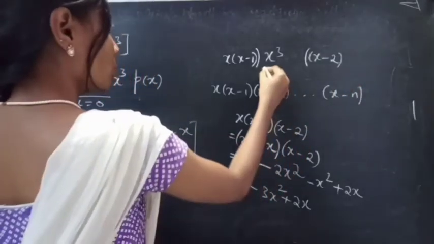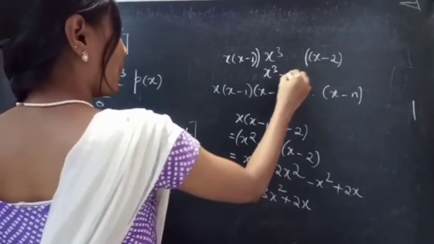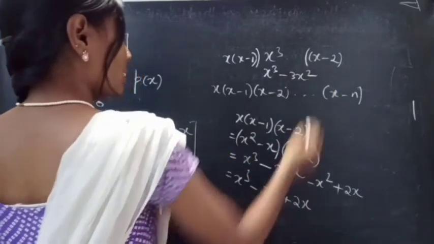This equals x square minus x into x minus 2, which equals x cube, minus 2x square, minus x square, plus 2x. So this equals x cube minus 3x square plus 2x.